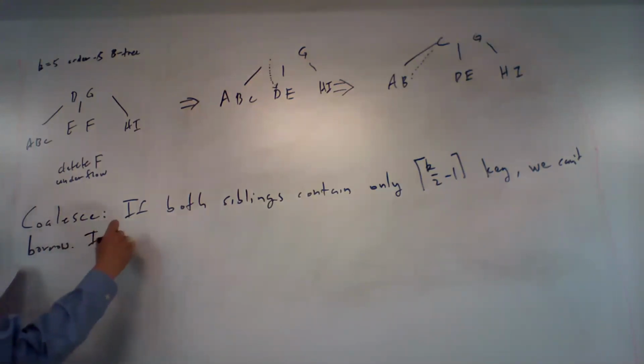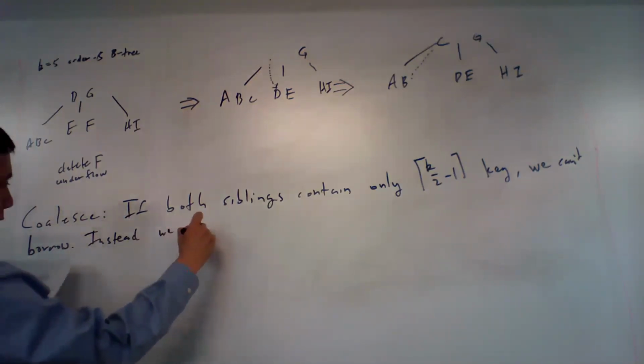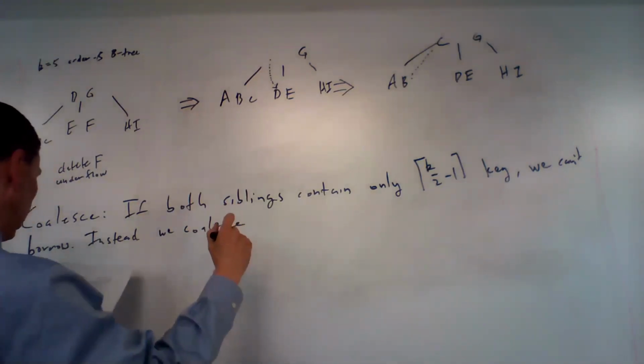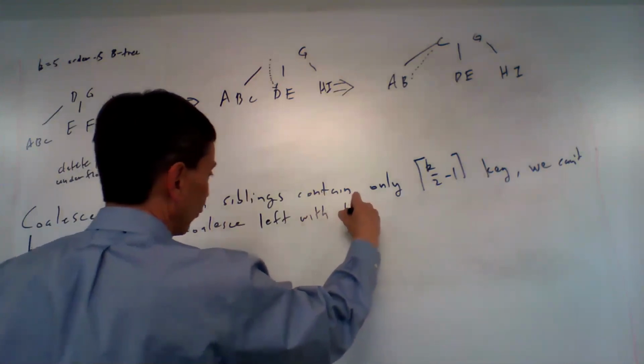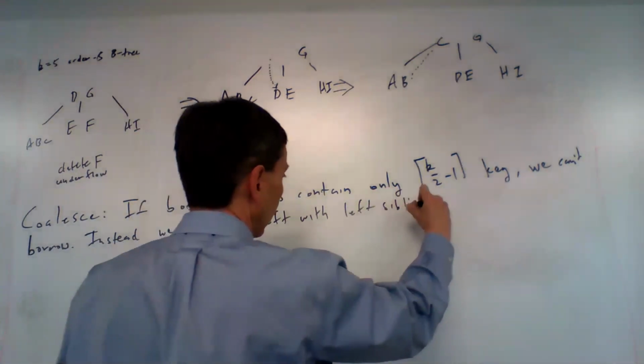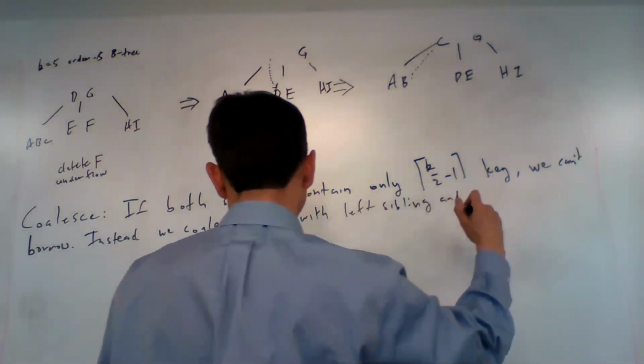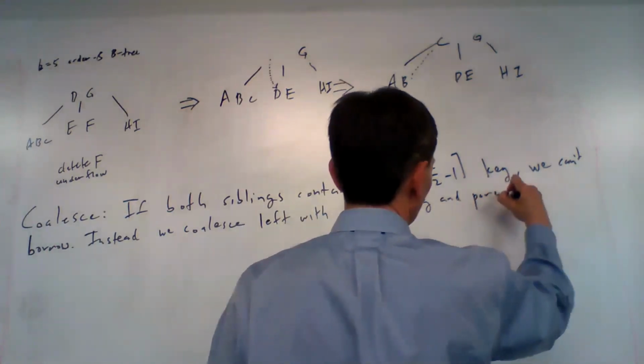Instead, we coalesce the leaf with the left sibling and parent split key.